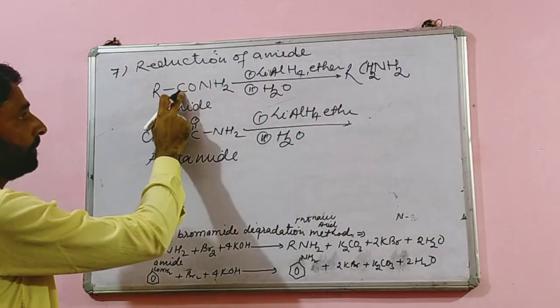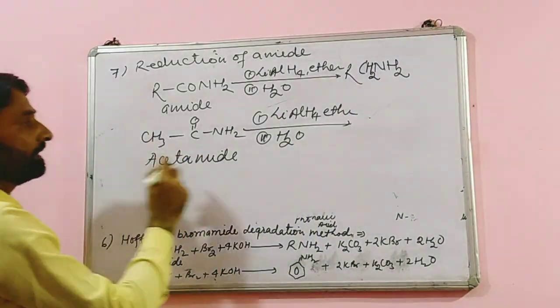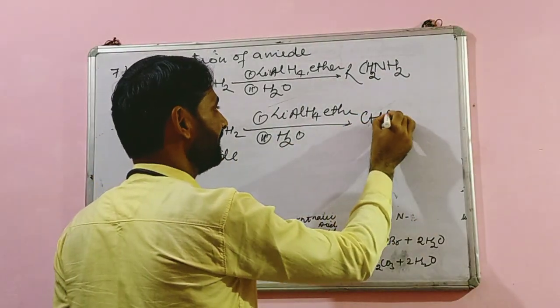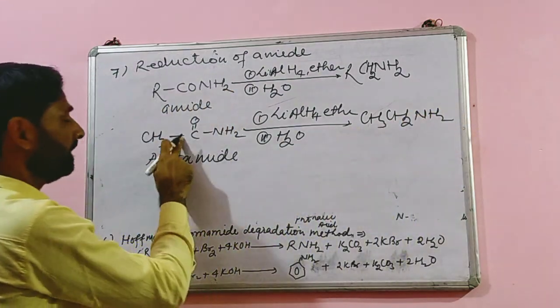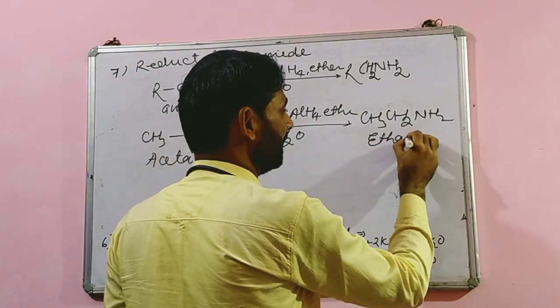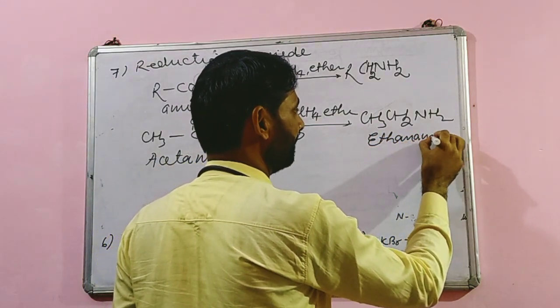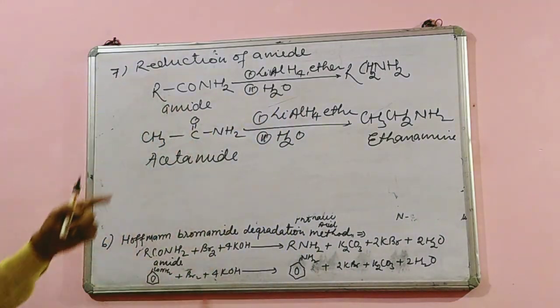How many carbon are there? 2. Then the product that is formed is CH3CH2NH2. Here the 2 carbon, so it forms 2. That is ethanamine. So this is the reduction of amides.